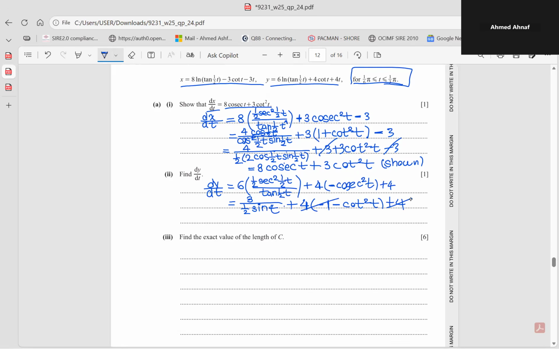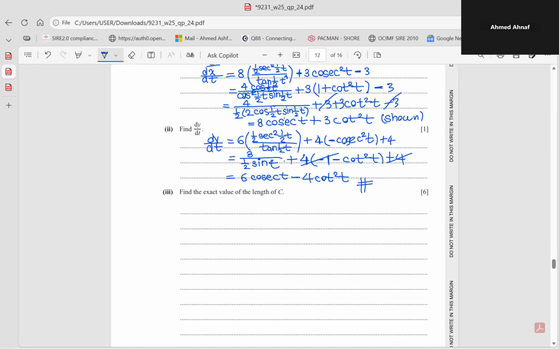So this cancels out. So this is going to be 6 cosecant t minus 4 cotangent square t. Yeah, so this will be all for the second part.